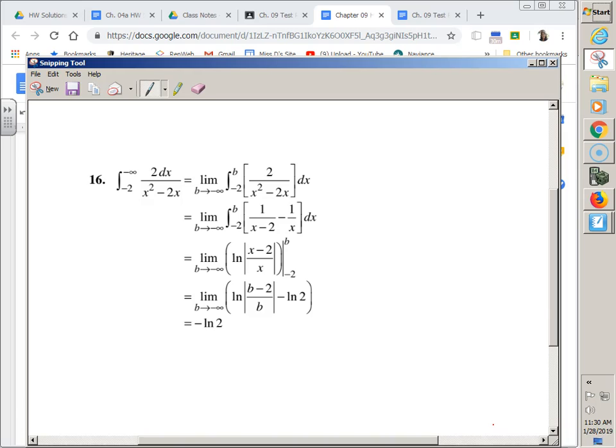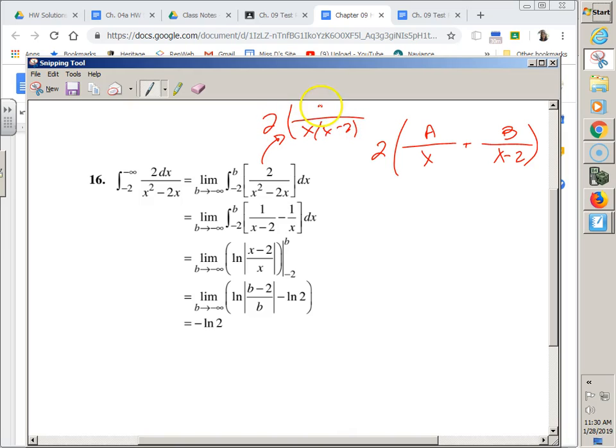Where did your 2 go? I don't know, I think I just made a math. Maybe when you did your partial fractions, maybe you were working with the 2 and not realizing it?